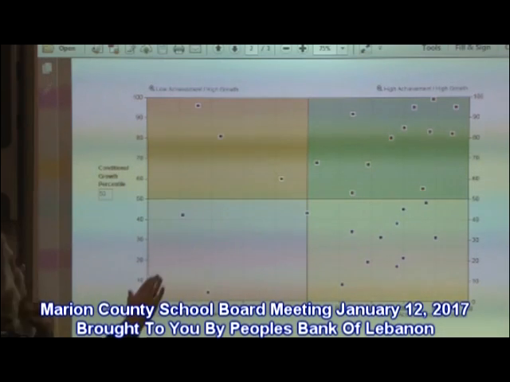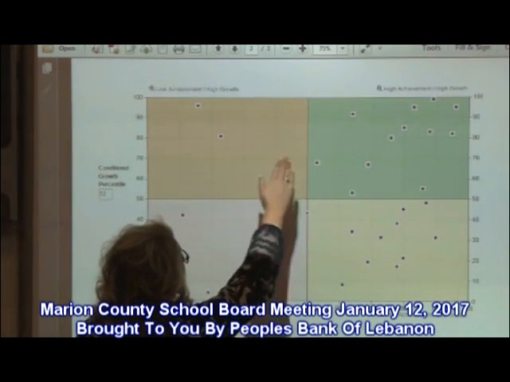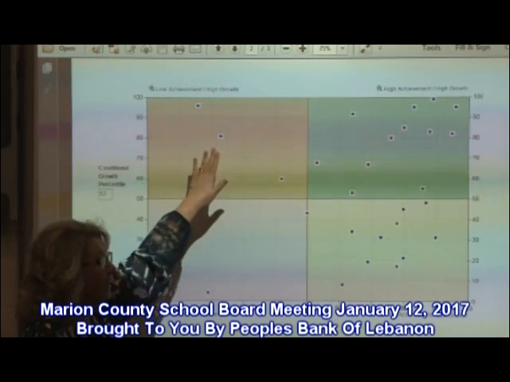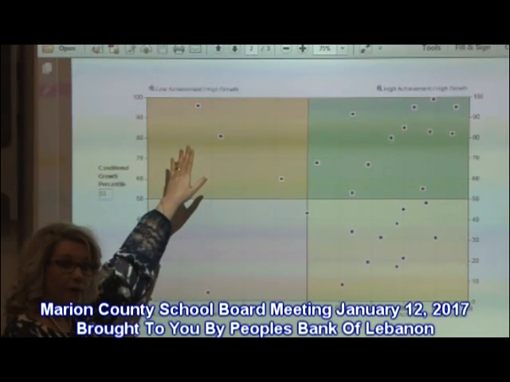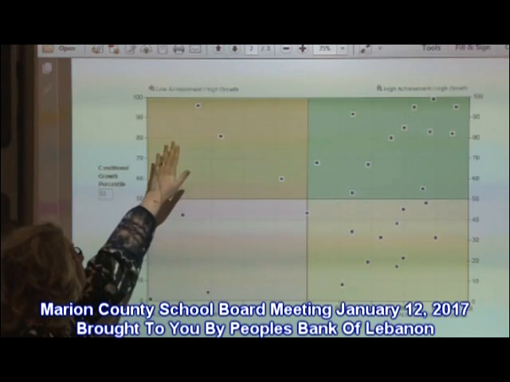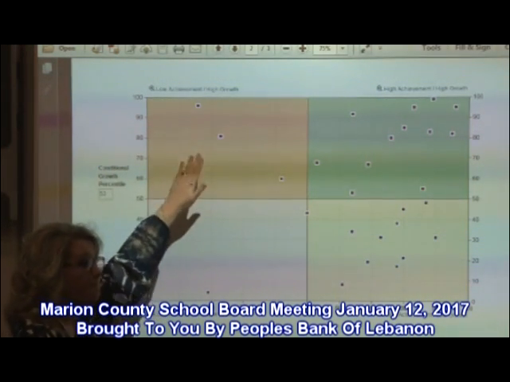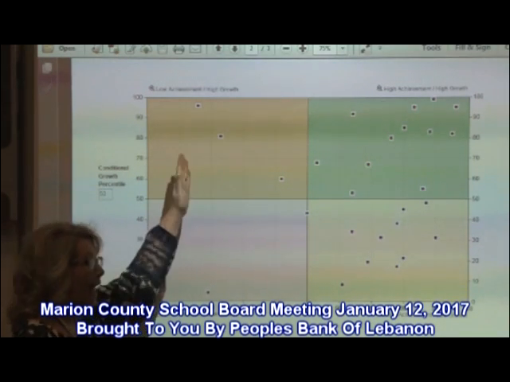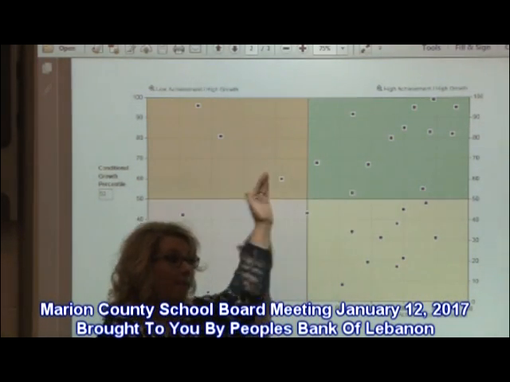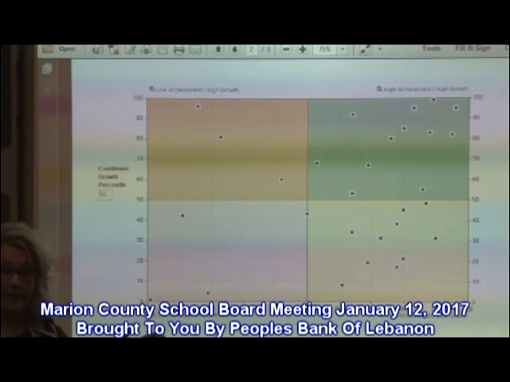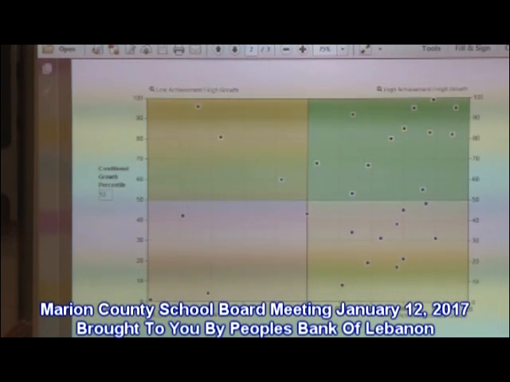If I'm in these top 2 quadrants, even though I might not be at the achievement level of proficiency, right here I'm looking at that I grew more than the typical growth. I'm still not where I need to be, but I'm growing more than what most students did during that same time frame that took the test.